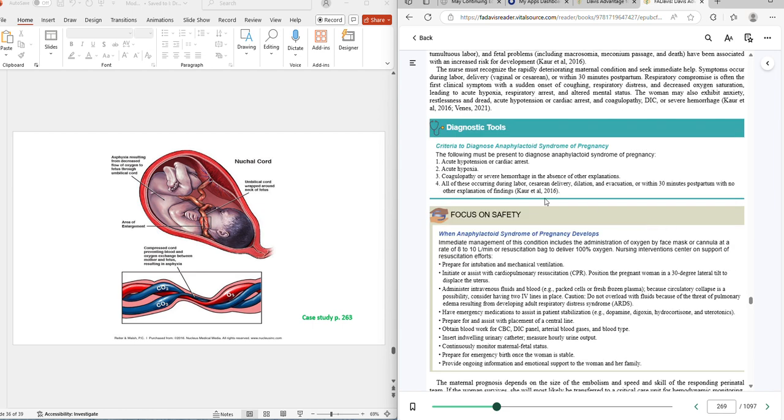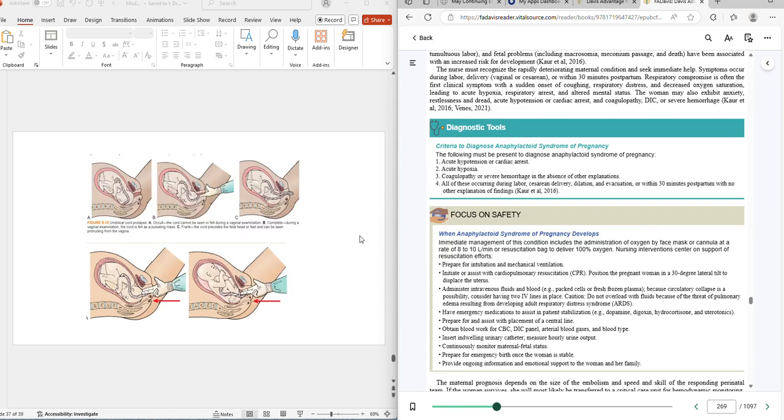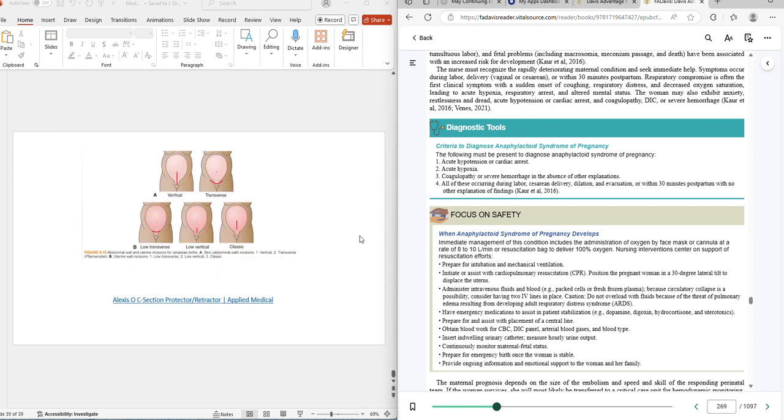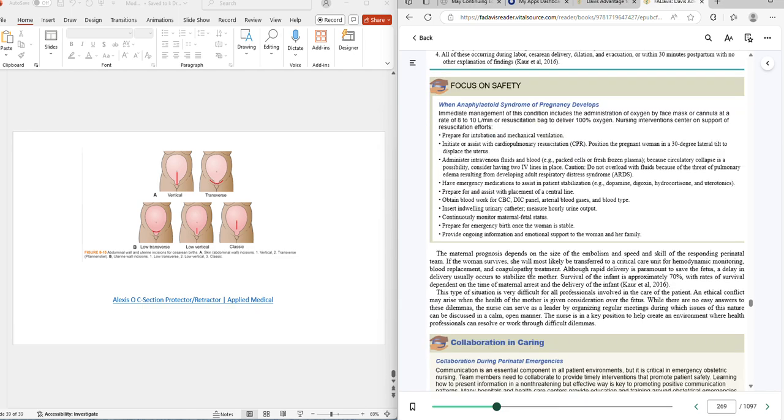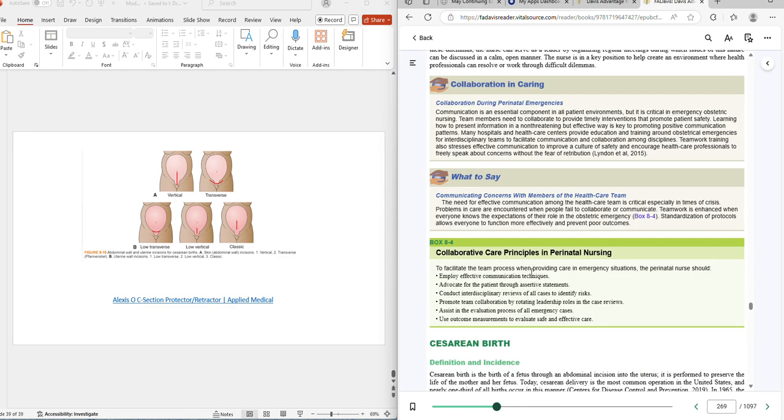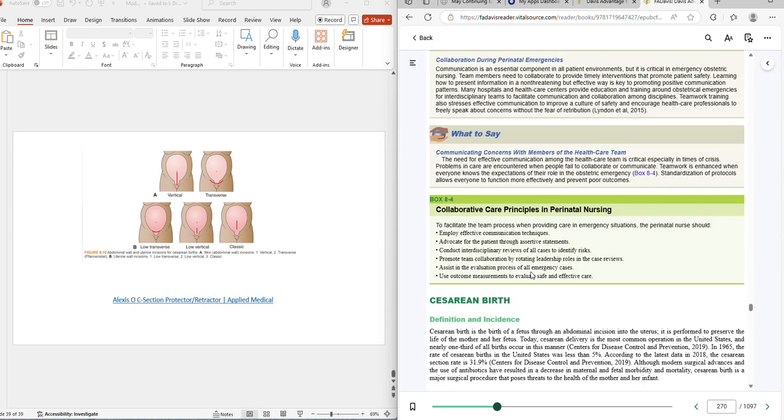All right, on page 270. We're going to look at the what to say. Communicating concerns. So, when you're talking to your patient, especially in times of a crisis, right?